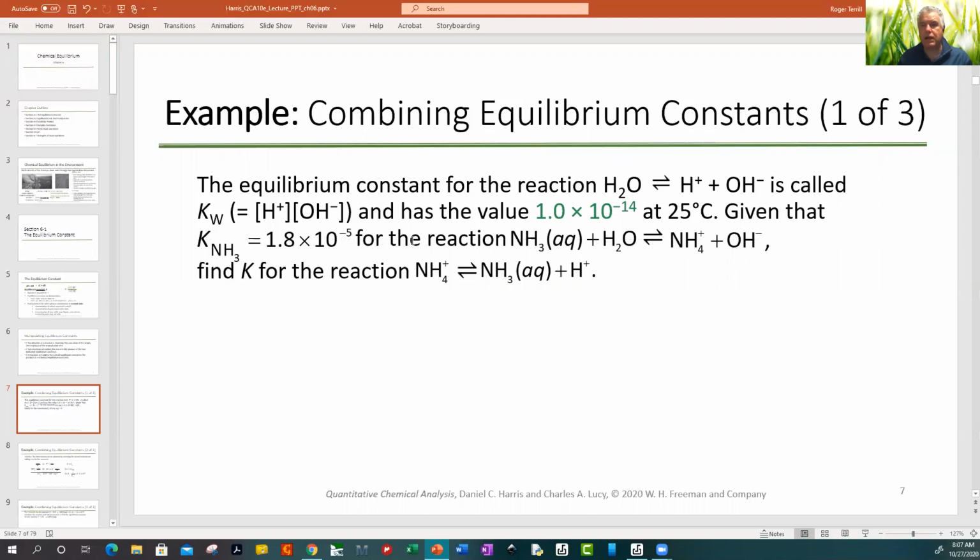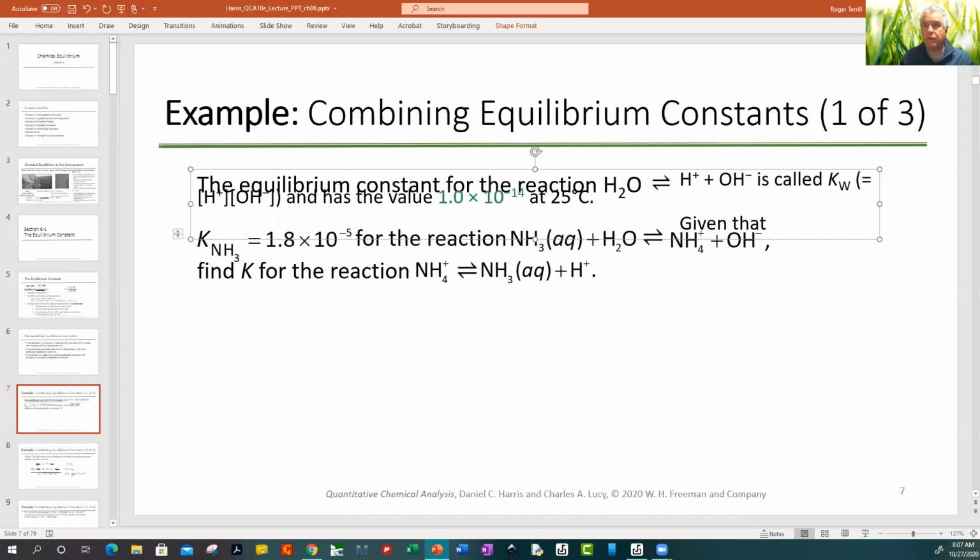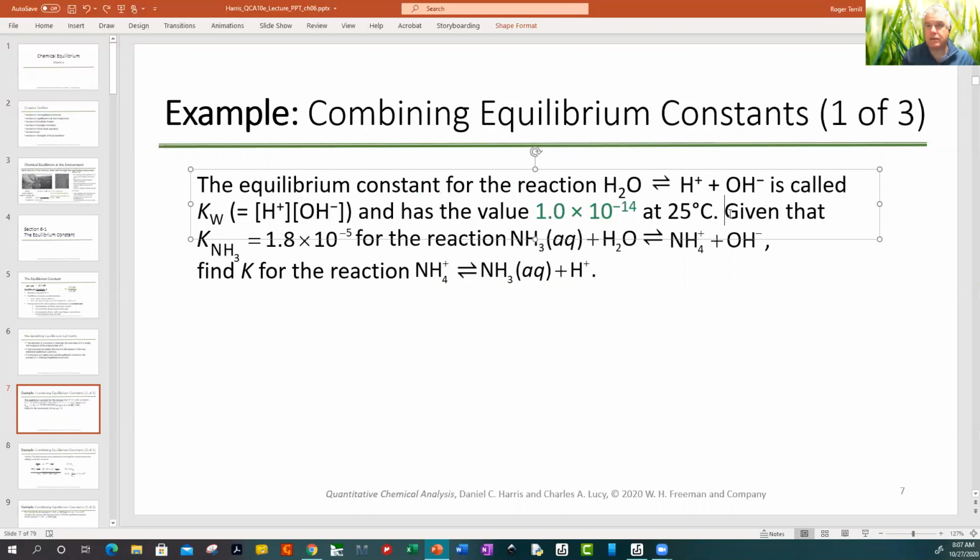So we can, for example, think about the following type of problem here. Oops, oh no, it's so messed up. So given that, for the reaction aqueous ammonia plus water makes ammonium ion plus hydroxide ion, what that is, it's the combination of this and this.